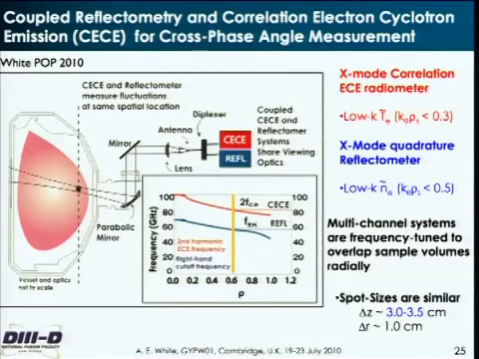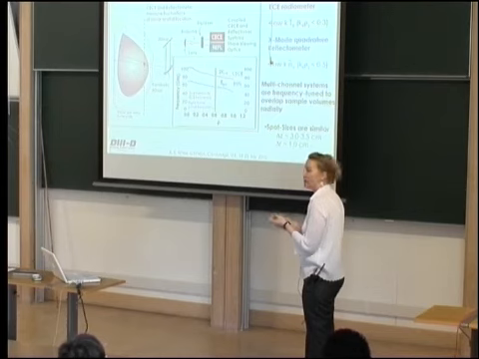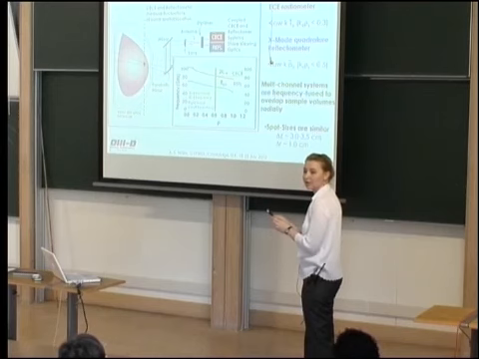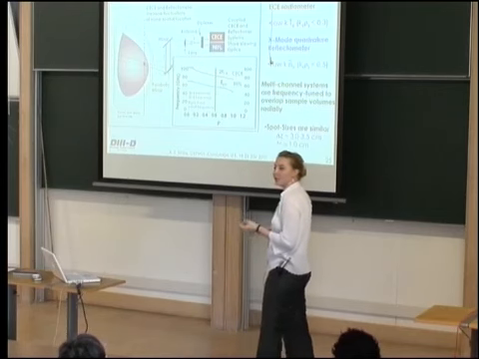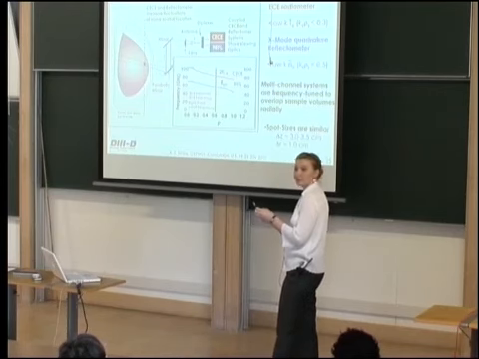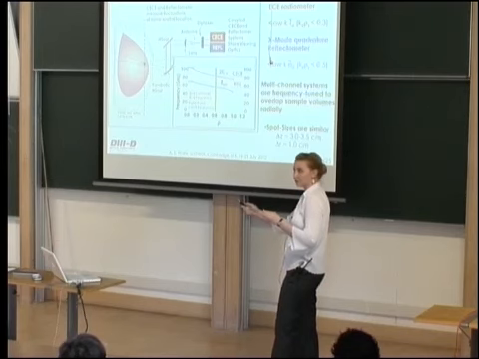Very quickly, the measurement is made with a coupled X-mode reflectometer and the correlation ECE system. They share an antenna and view the plasma along the same line of sight. This allows us to overlap their sample volumes radially by selecting which frequency the two diagnostics look at, and the shared optics allow us to overlap the sample volume poloidally and toroidally as well. That is to be contrasted with the BES comparisons, where the two systems are independent and their sample volumes are separated vertically and toroidally.